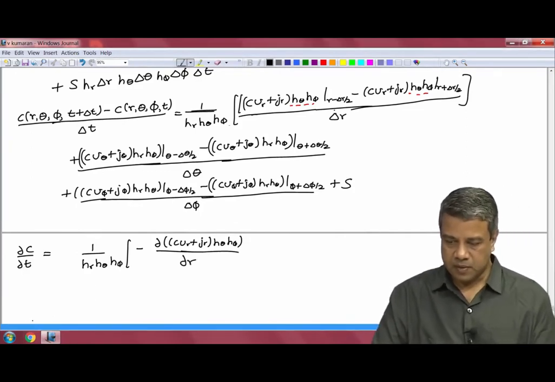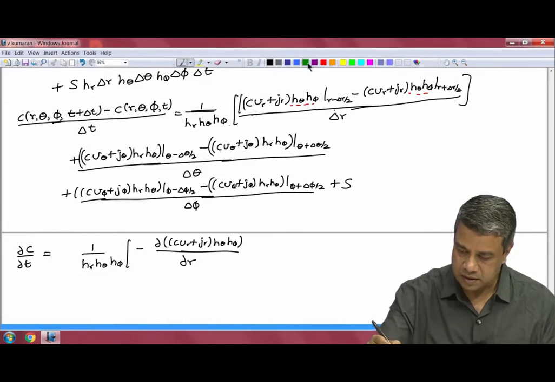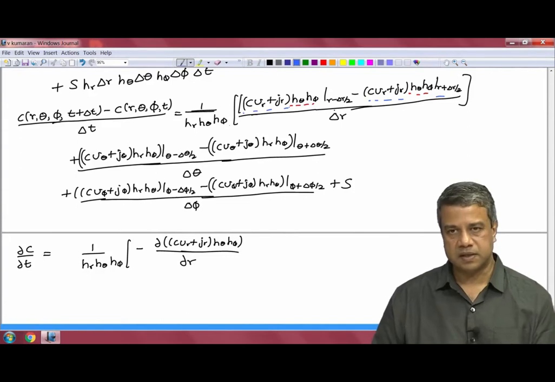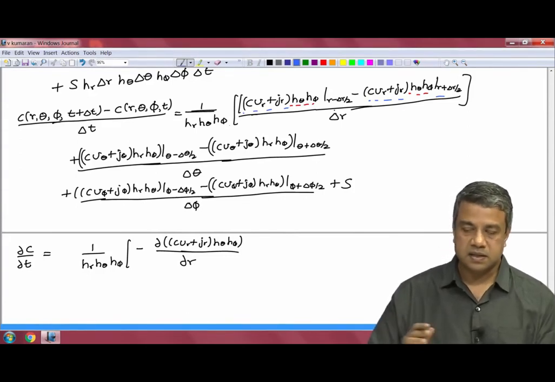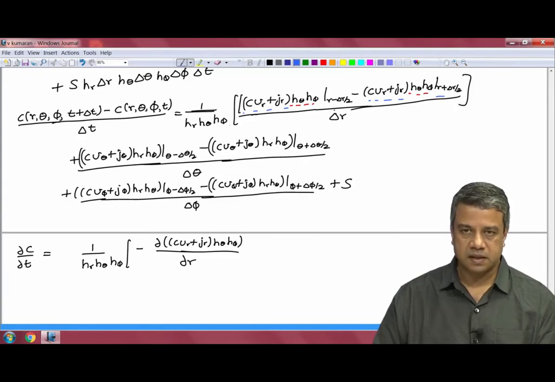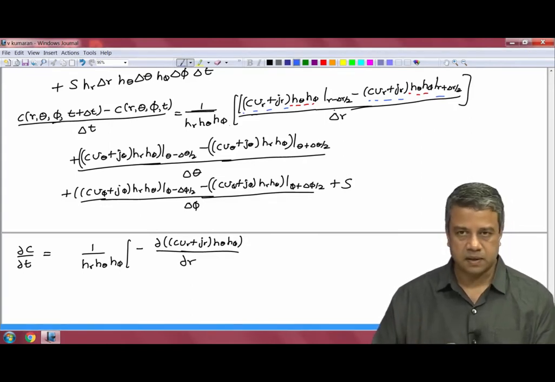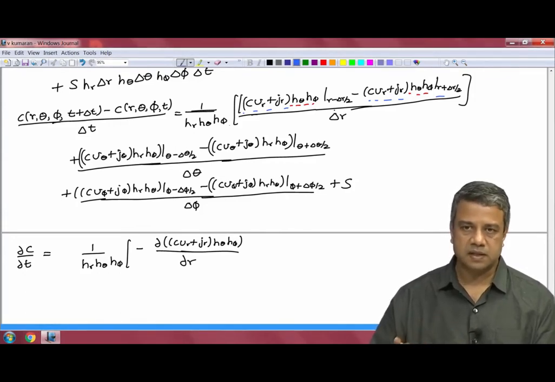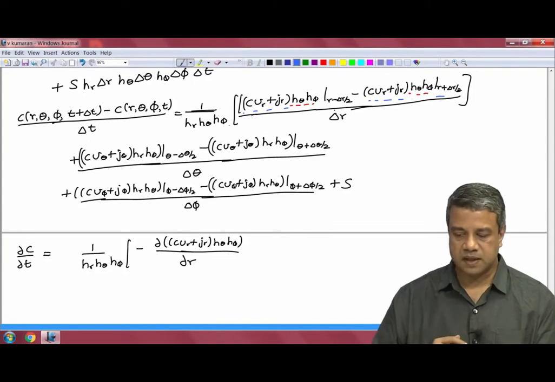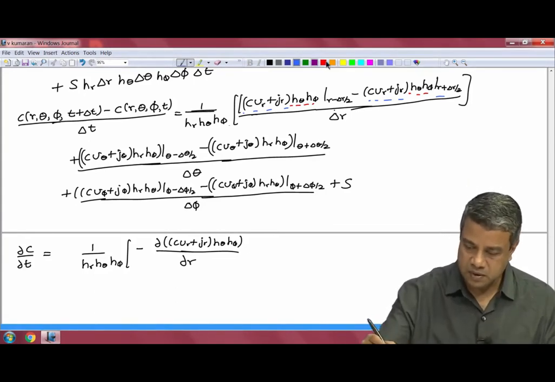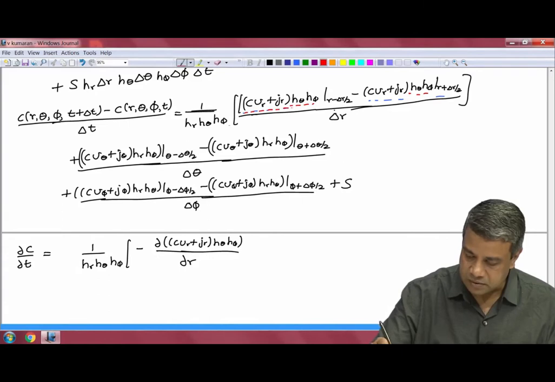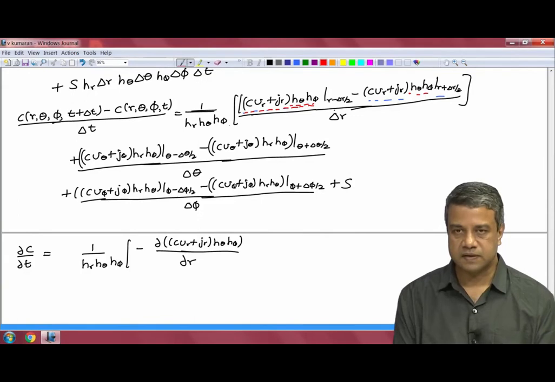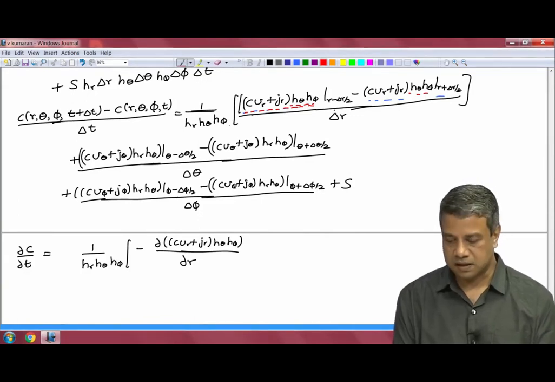Minus, because I am taking the value at r minus delta r by 2 minus the value at r plus delta r by 2, whereas the derivative is defined as the value at r plus delta r by 2 minus the value at r minus delta r by 2. That is why I have a negative sign. The other important point to note is that I have to take the derivative of this whole quantity, which includes the flux times the surface area, and surface area is h_theta times h_phi.